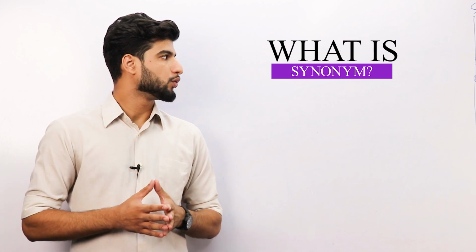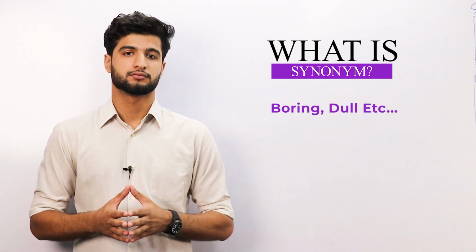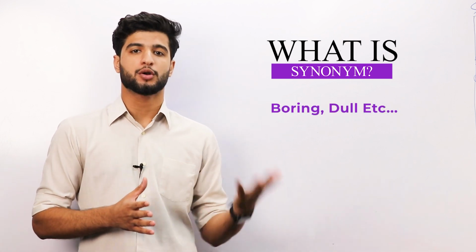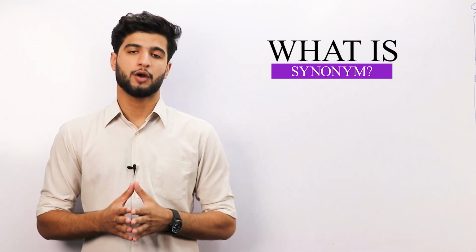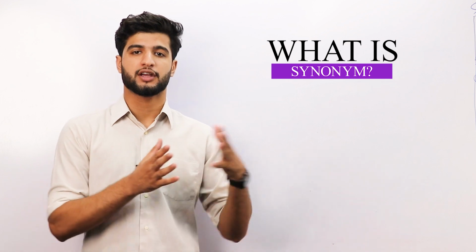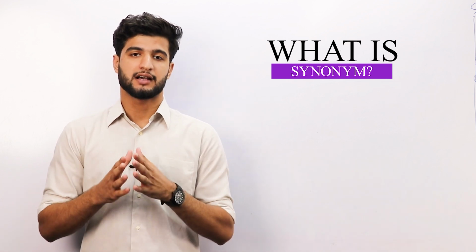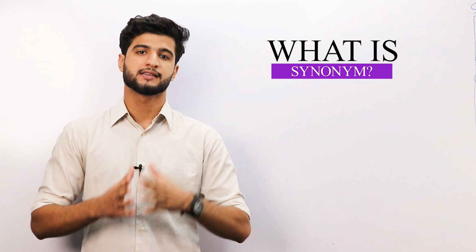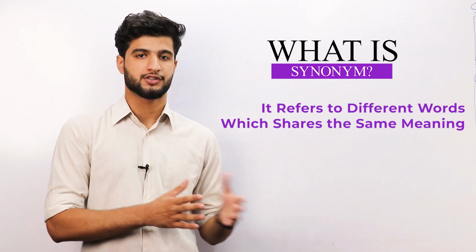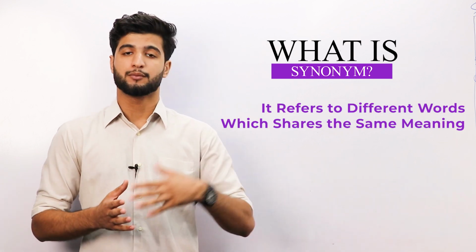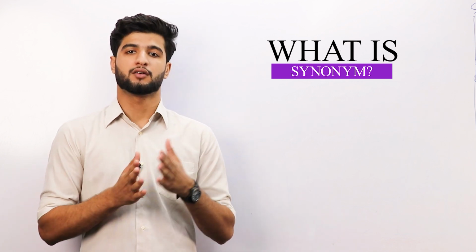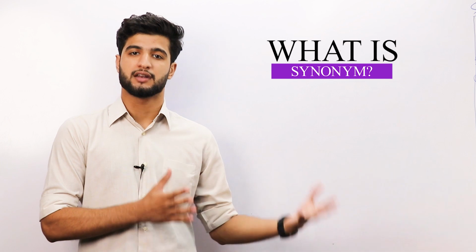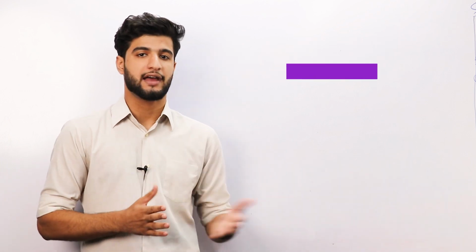For example, we have the words boring, dull, and monotonous. Now, these are all synonyms. Why? Because these are different words which share the same meaning, right? How you define a synonym: a synonym refers to different words which share the same meaning. And mostly in 90% of cases, we have synonyms in verbs, nouns, and adjectives.